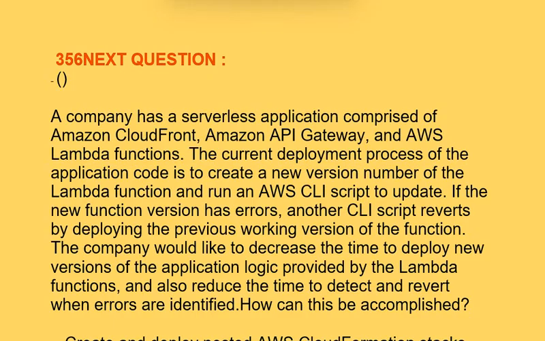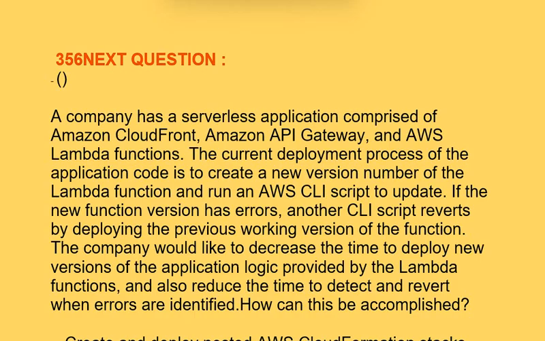If the new function version has errors, another CLI script reverts by deploying the previous working version of the function. The company would like to decrease the time to deploy new versions of the application logic provided by the Lambda functions and also reduce the time to detect and revert when errors are identified.